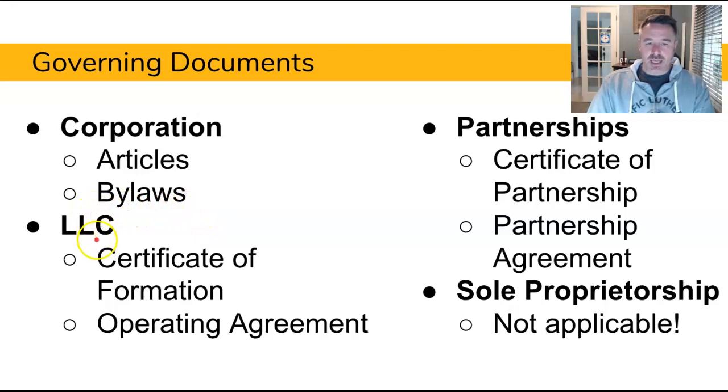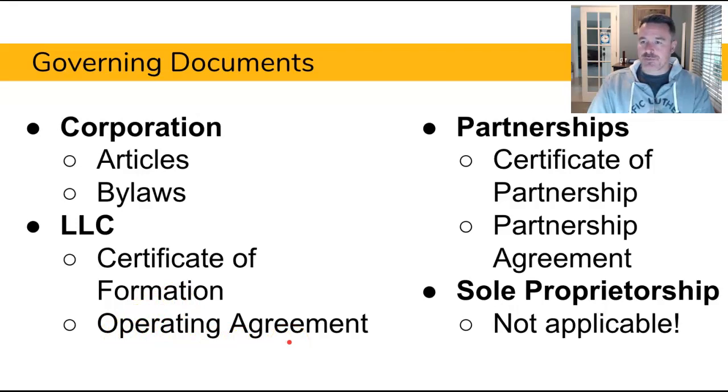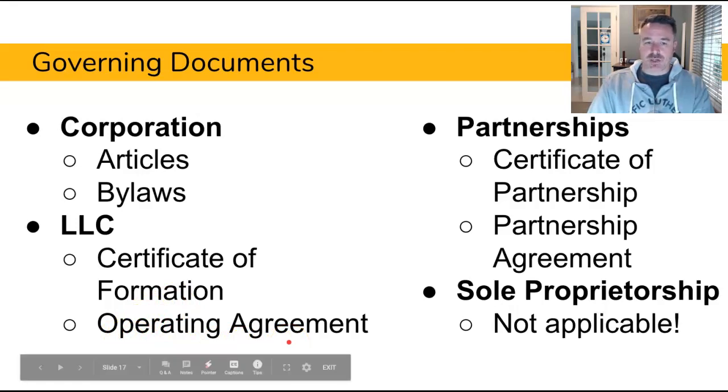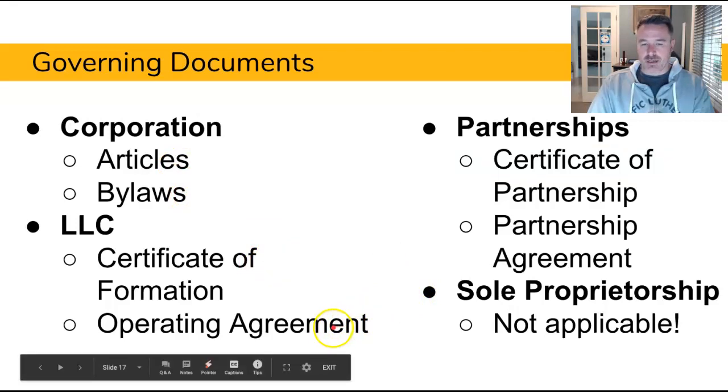In an LLC, the certificate of formation is what you get from the Secretary of State when you form. The operating agreement is the agreement among the owners for how the company is going to be operated. So the articles are similar to the certificate of formation. The bylaws are similar to the operating agreement.